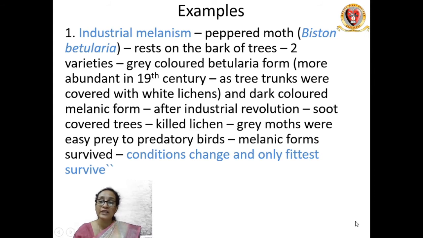And on this, when the grey moths were resting, they were more easily noticed by the predatory birds, whereas the melanic form, which was at a disadvantage before the Industrial Revolution, was now at an advantage. These soot-colored trees were a perfect camouflage for the melanic forms. So we see that when the environment changed, only the fittest can survive.